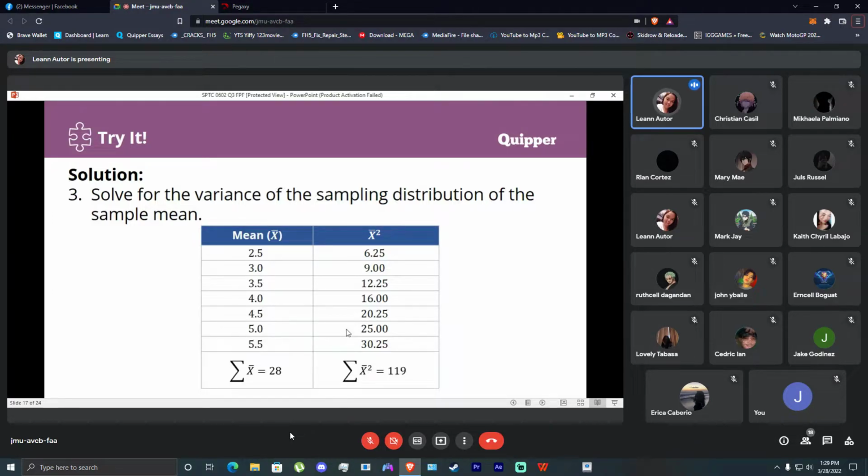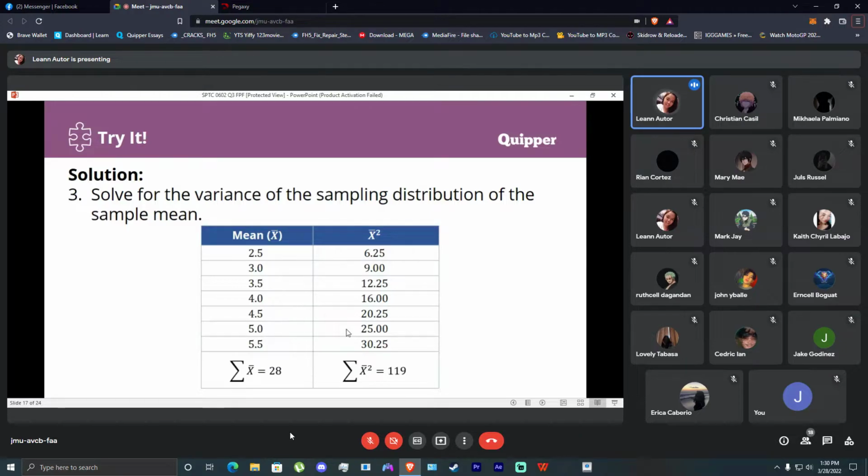When we add everything, the result is 28. On the second column, the summation of x squared is 119. So we already have the data that we need in solving for the population variance.